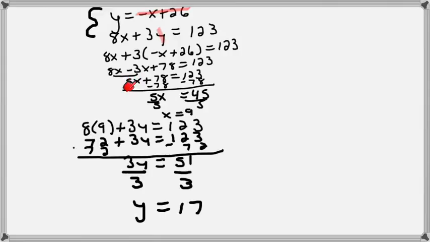So now I have the equation 5x plus 78 equals 123. Trying to get the x by itself, I'm going to get rid of the positive 78 first by subtracting 78. And if I do that on this side of the equal sign, the left, I have to go over here to the right and do that as well. And of course this is going to be nothing, so now I have 5x, and 123 minus 78 is 45.